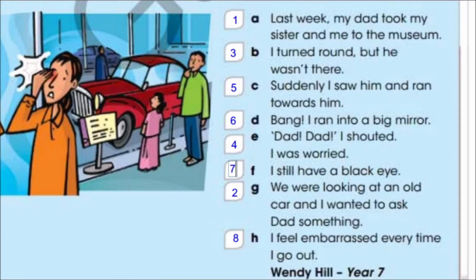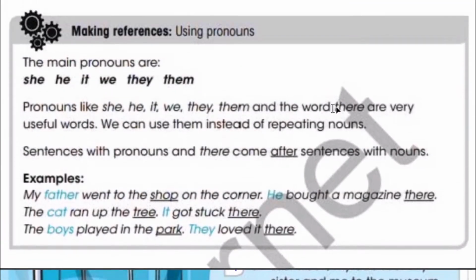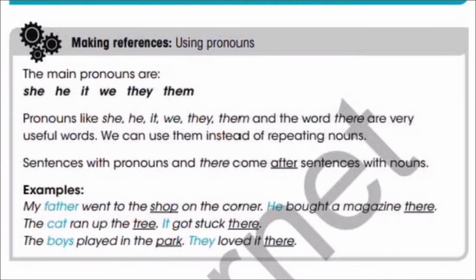Very good. Now let's go back to the first page and read this grammar box. This grammar box is talking about making references by using the pronouns. The main pronouns are she, he, it, we, they, them.